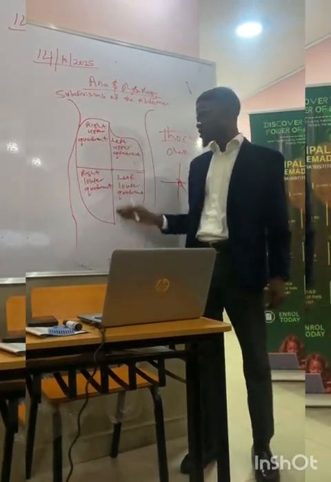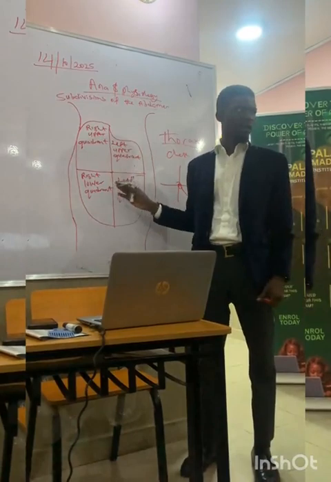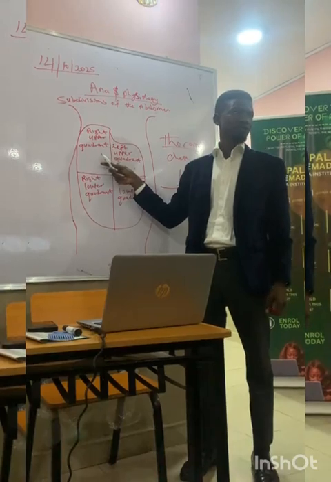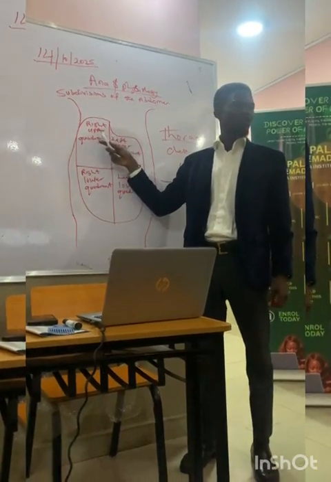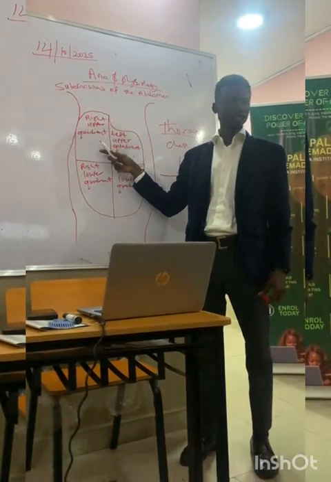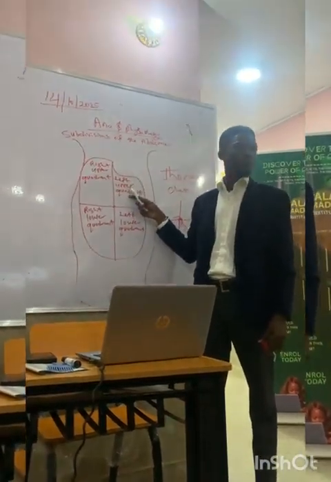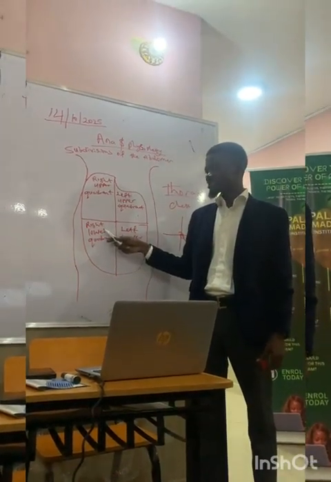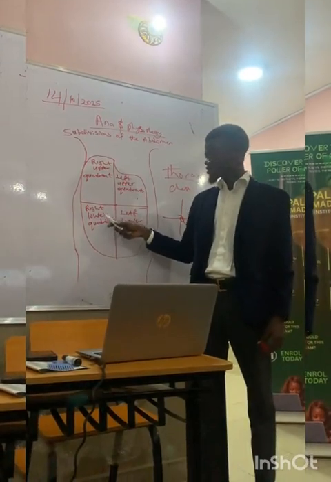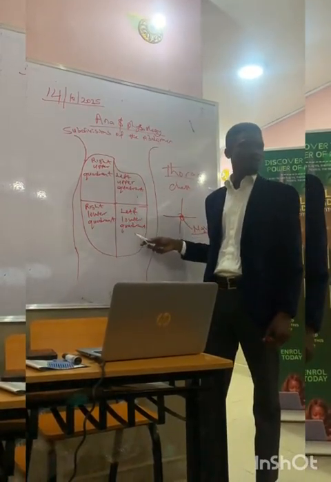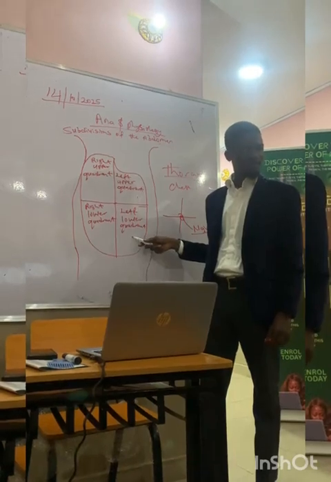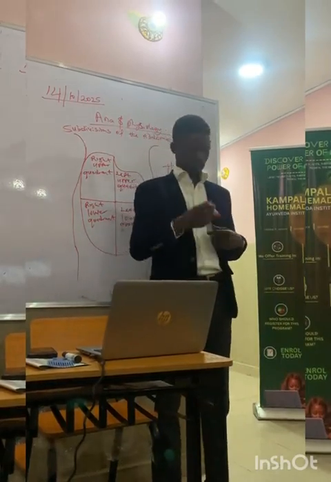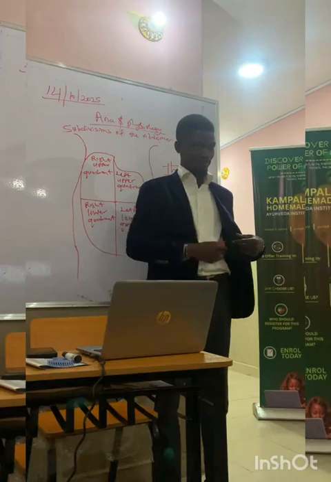Now, these are the four quadrants that we have in the abdomen. We have right upper quadrant, and we have left upper quadrant. This is right lower quadrant and left lower quadrant. Do you get it now? So within ourselves, we divide it.